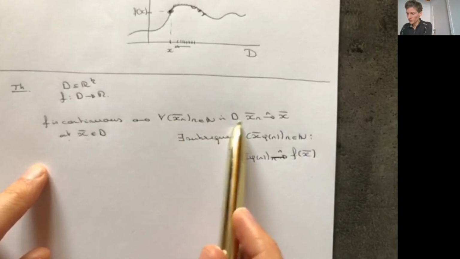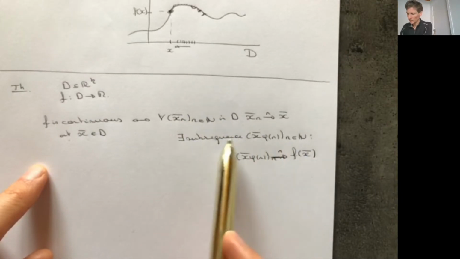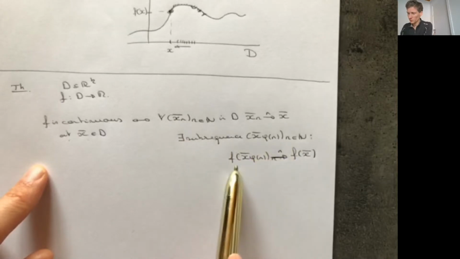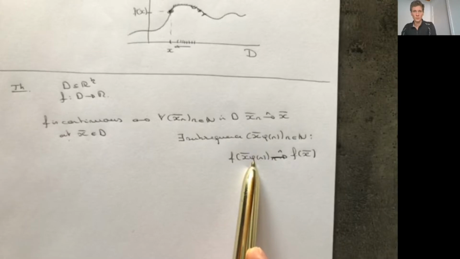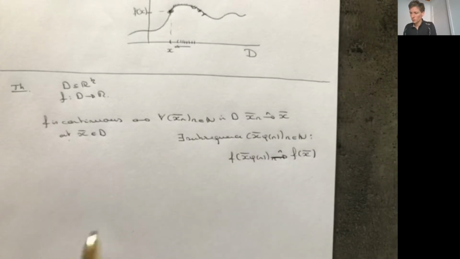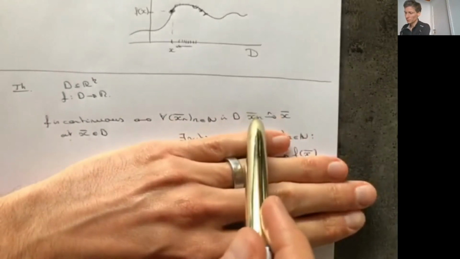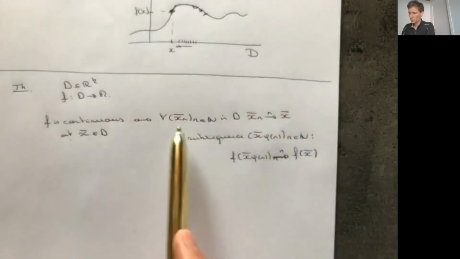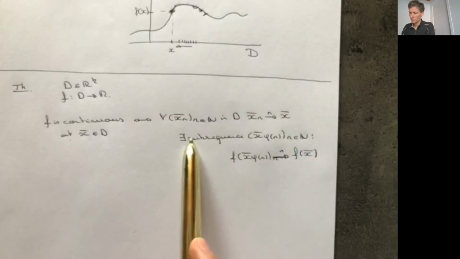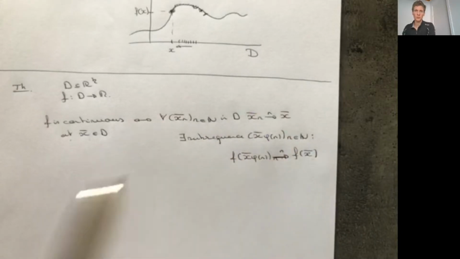Okay, so f is continuous at a particular point if for any sequence in D that converges to x, we can find a subsequence of this sequence such that f converges to f of x along this subsequence. Okay, so normally for continuity we had that for any sequence that converges to x, f of xn converges to f of x. So here we only require that for every sequence we can find a subsequence along which the convergence takes place.